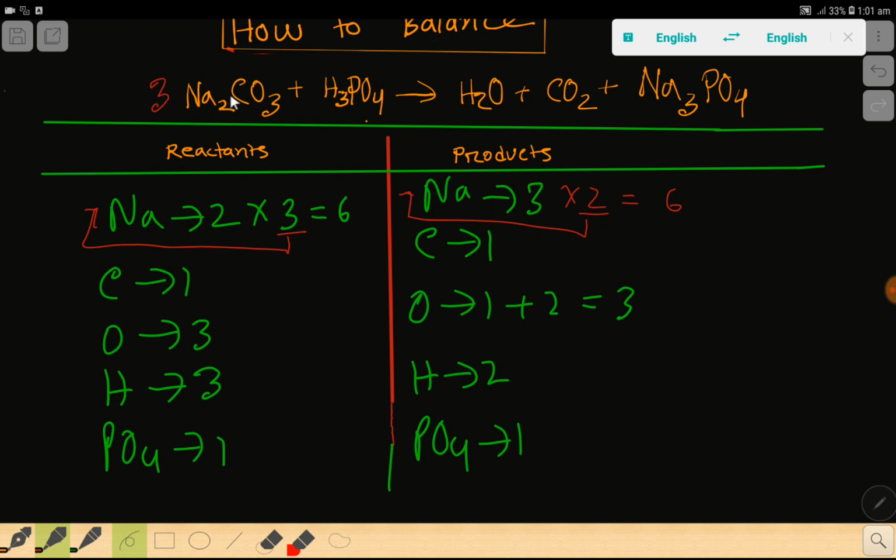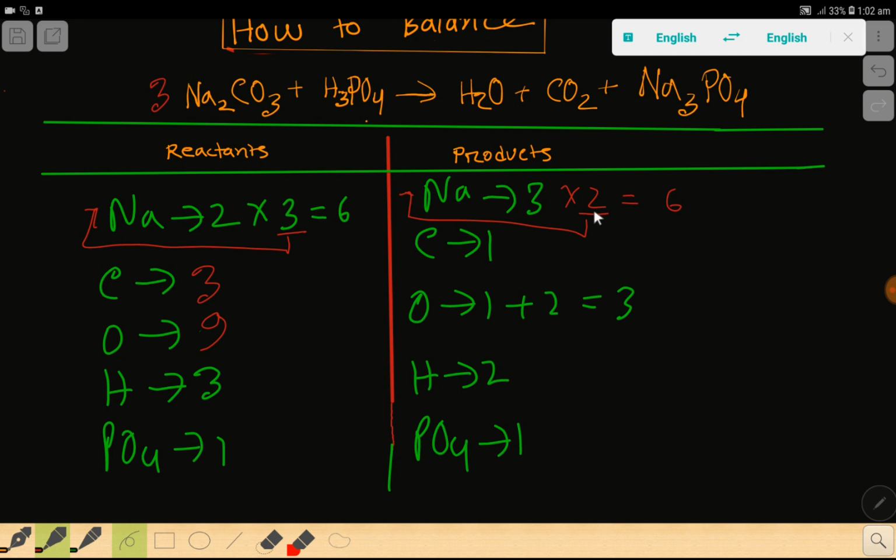If I place 3 here, the number of sodium will be 6. The number of carbon will be 3, so I need to update my number of carbon. The number of oxygen will be 3 times 3, that is 9, so I have to write 9 here.